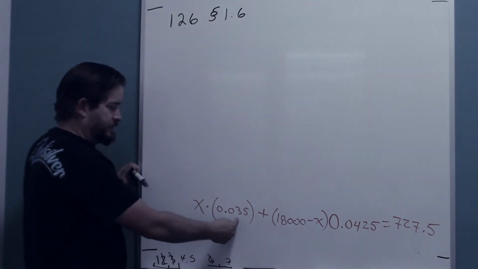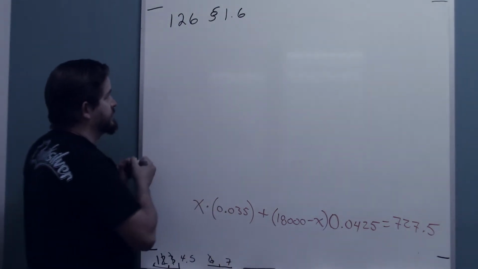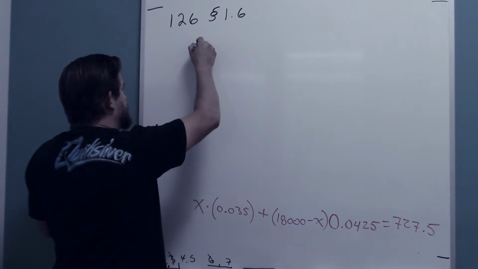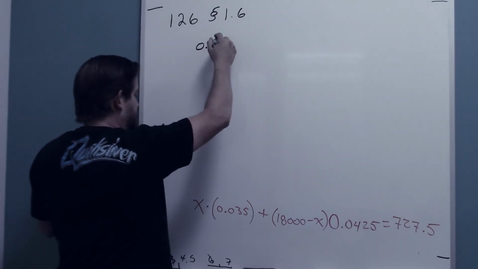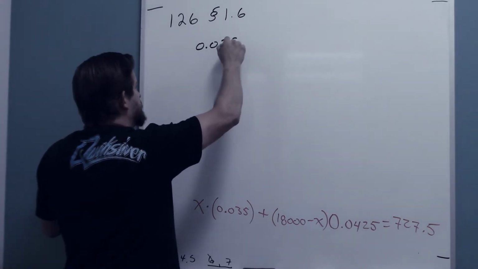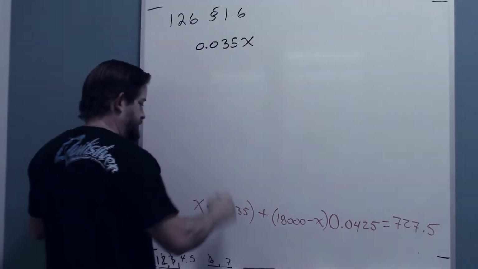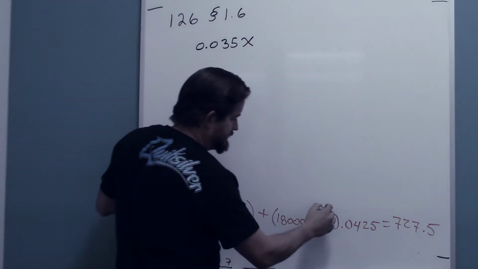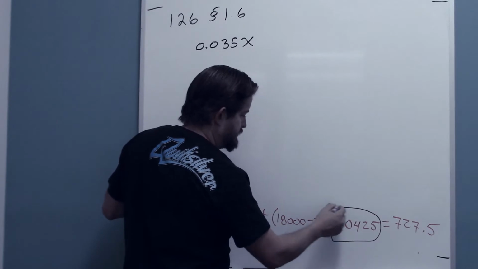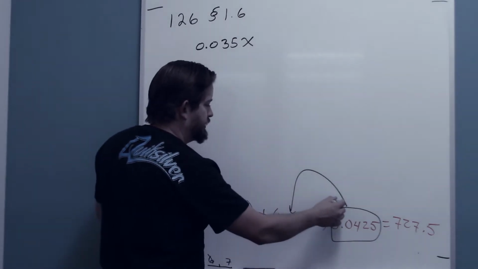I'm going to write this 0.035 in front of my x, because that's just how I'm accustomed to writing it. 0.035x plus, and I can take this 0.0425 and distribute it through, right?